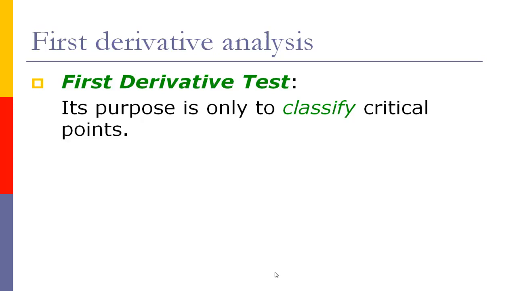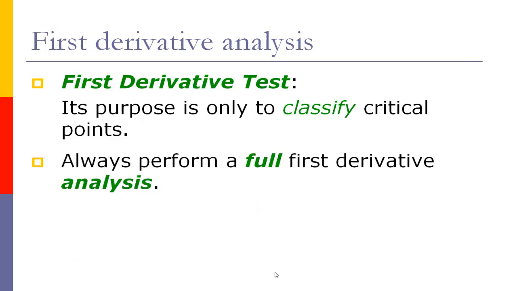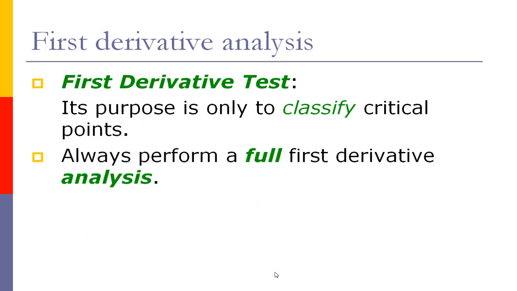It just tells us how to figure out whether a critical value is a maximum, a minimum, or something else. So it is a limited kind of operation, and I would definitely expect you to always perform a full first derivative analysis so you can find out everything you need to know about the function in terms of the up-down pattern of it.